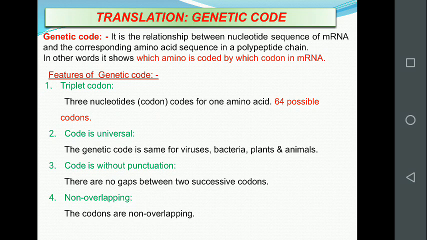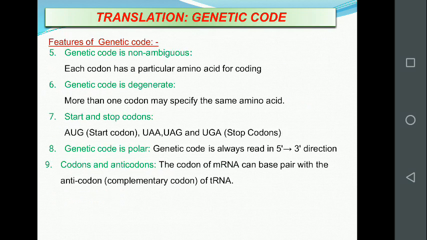Each three nucleotides act as a codon, and the next three nucleotides as the next codon. That means if we have 12 nucleotides in the corresponding mRNA, we will have 12 divided by 3, that is 4 amino acids. So there is no overlapping during the reading.